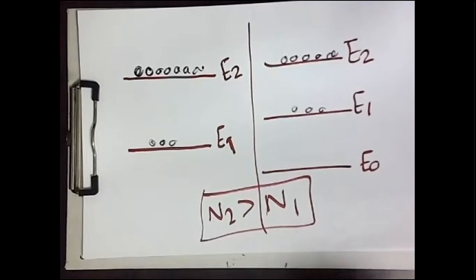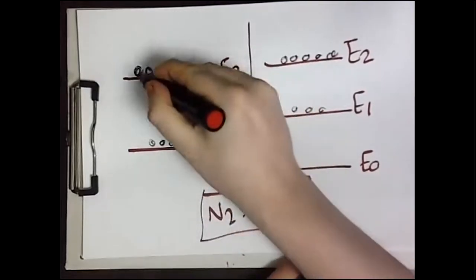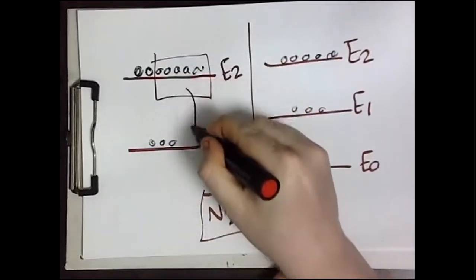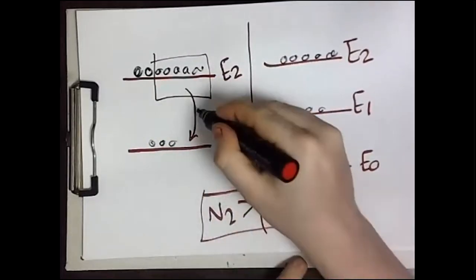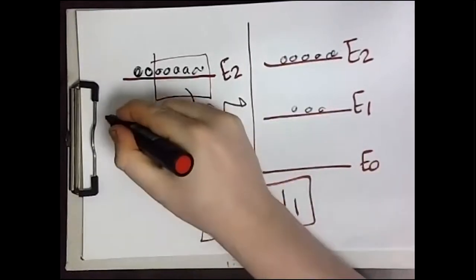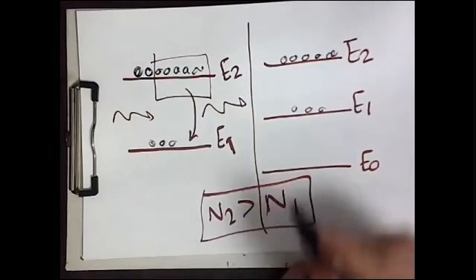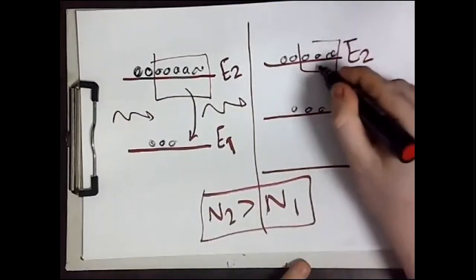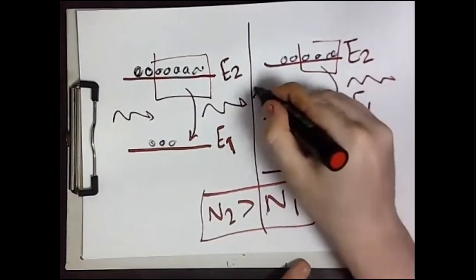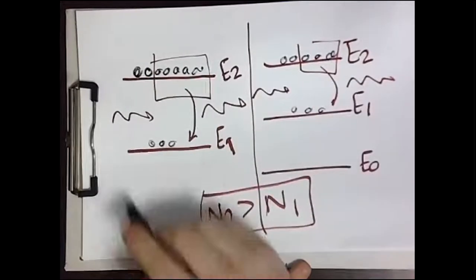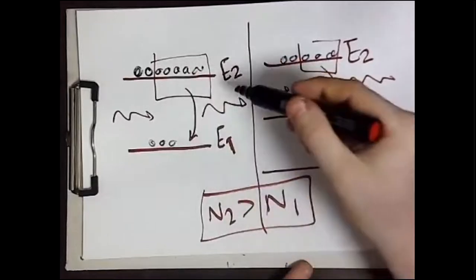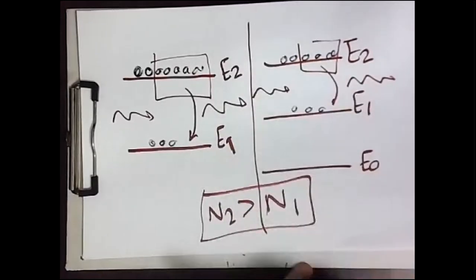In order to have a laser, you will assume that a group of these photons will stimulate transitions to energy level number 1 and emit a group of stimulated photons in addition to the incident photons. Typically the same here. So now you have a laser, you have an incident, and this incident is amplified due to the stimulated emission photons coming from E2 and going to E1. Similarly here.